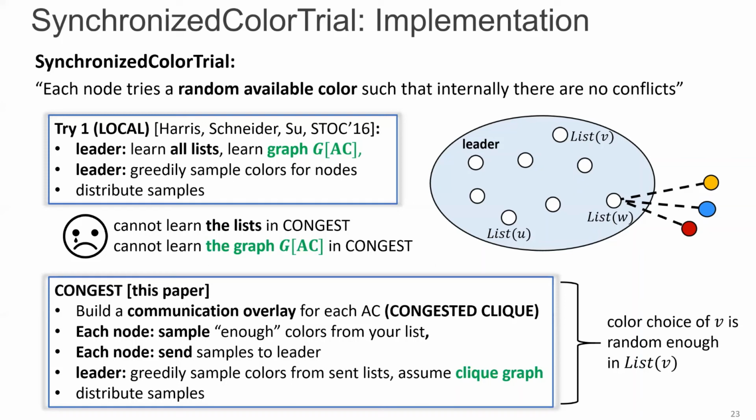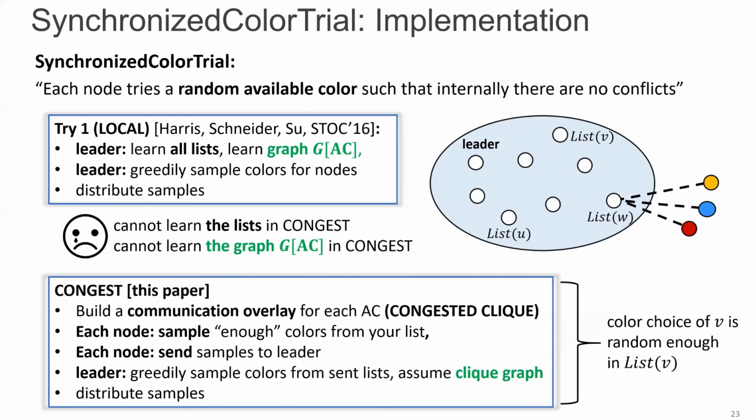For people that know the congested clique, this is very similar to the congested clique, on roughly delta nodes. So each almost clique will be like a congested clique, which allows you to actually send quite a lot of information to the leader without getting into too many communication issues.